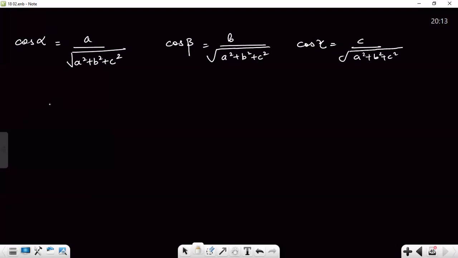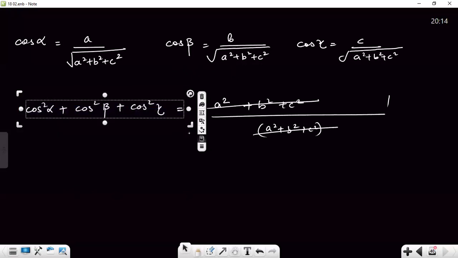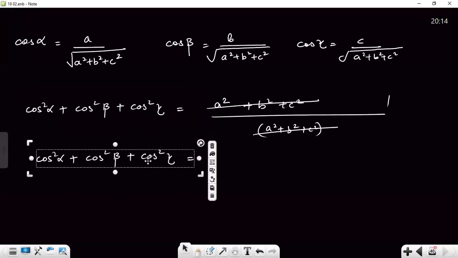If we square them all and add, cosine square alpha plus cosine square beta plus cosine square gamma, the denominator is the same. Taking the LCM, and as we have taken their squares, the square root is cancelled. The numerator a square plus b square plus c square cancels the denominator and comes out as 1. So cos square alpha plus cos square beta plus cos square gamma is equal to 1.